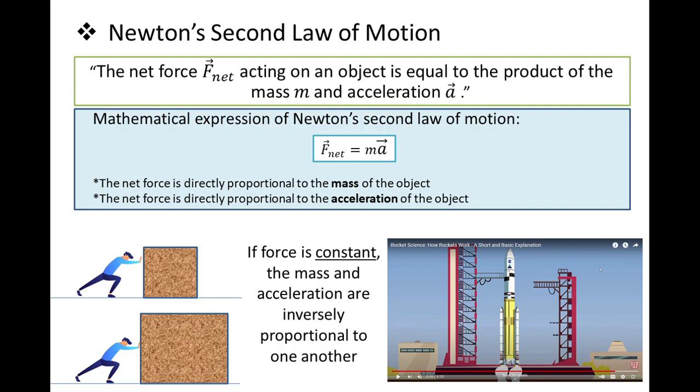That's why the net force is directly proportional to the mass of the object. Now, if we keep the mass constant and we increase the acceleration, the net force will still increase. Hence, the net force is directly proportional to both the mass and acceleration.